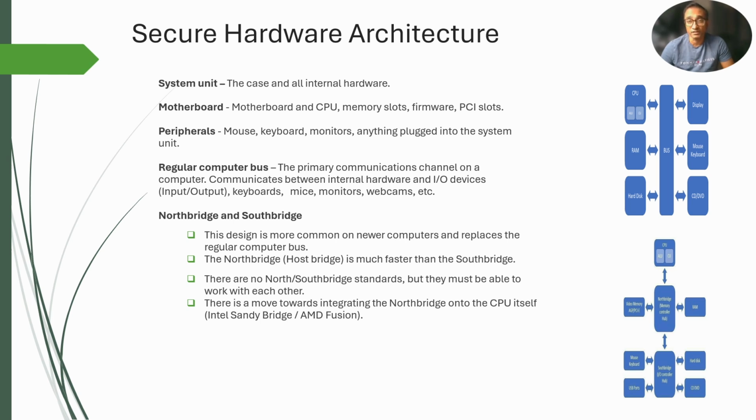There is firmware where the actual code resides for the hardware to operate, and there are PCI slots for the connectors. Then there are also peripherals, as you may know, that we require a keyboard and mouse as an input interface to interact with the system.